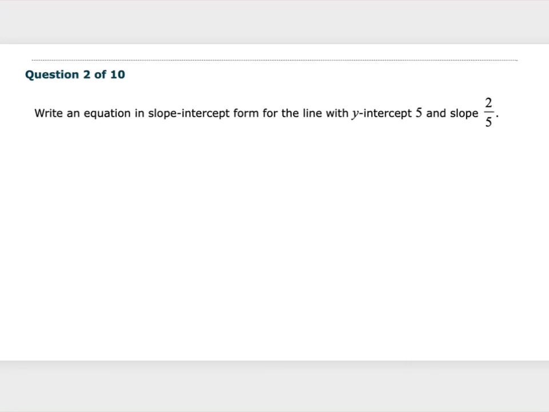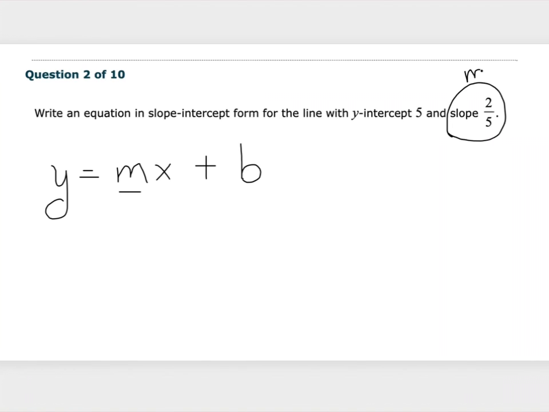Number 2, write an equation in slope-intercept form for the line with a y-intercept of 5 and the slope of 2/5. Now remember, our slope-intercept form is y equals mx plus b, okay, where m is the slope and b is the y-intercept.